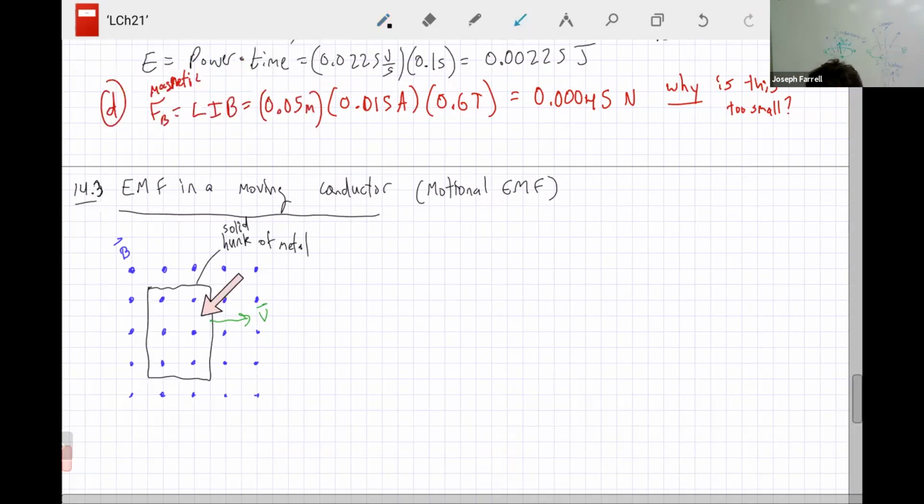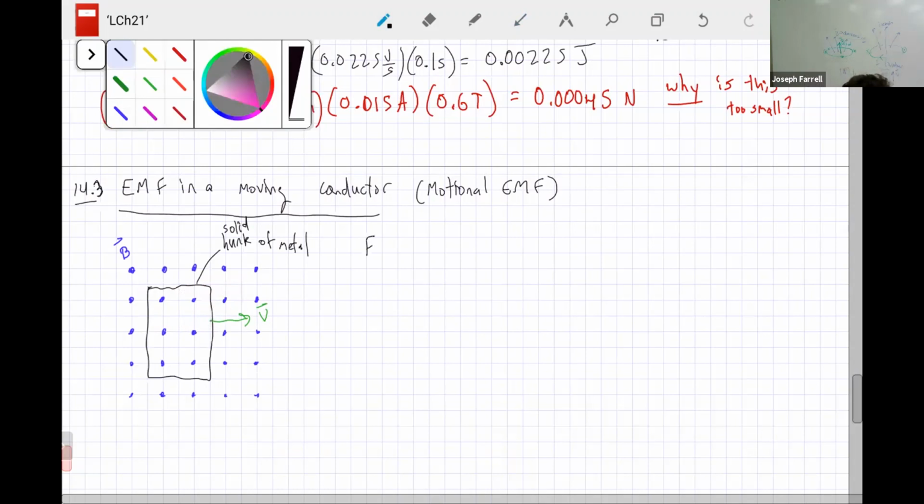Well, there are free electrons inside this piece of metal, and they are moving. And so free electrons experience a force. But actually, so do the ions. That's the same for the positive ions.